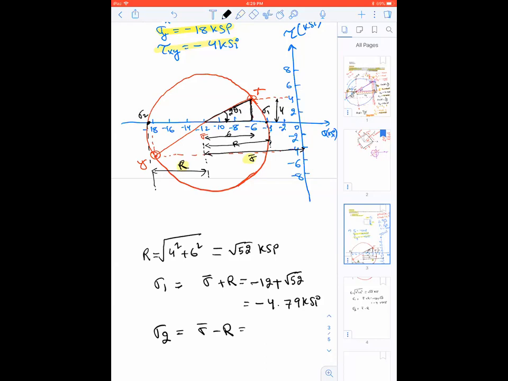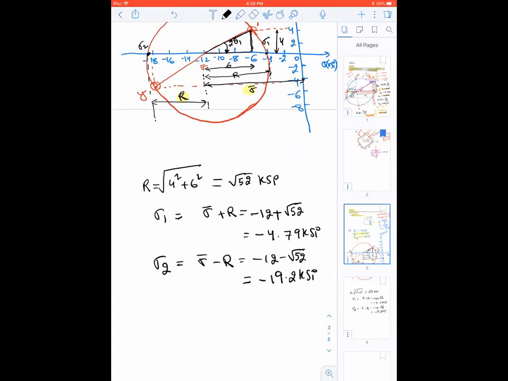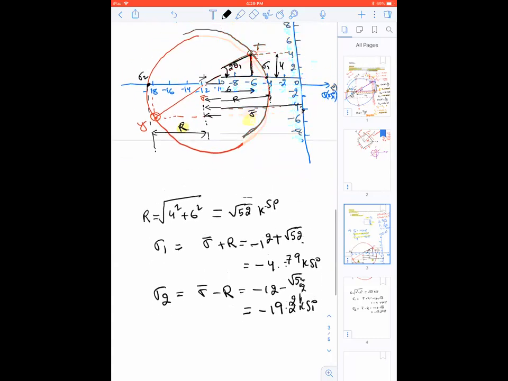So sigma bar is negative 12 and your r is root 52. That gives me negative 19.2 KSI. So these are my principal stresses.